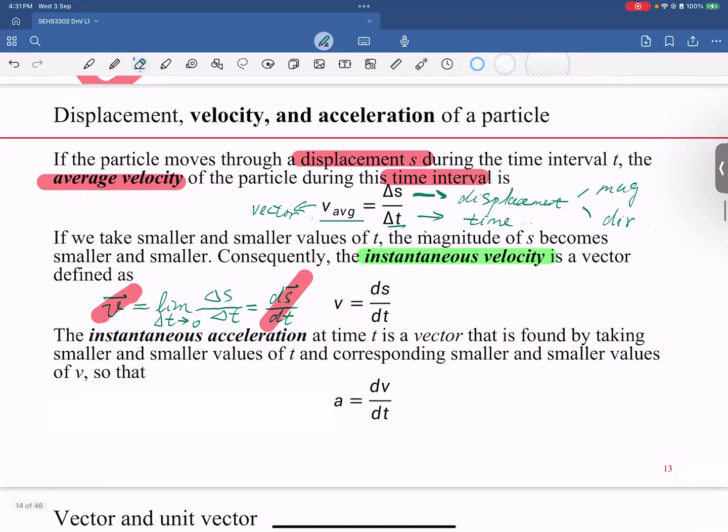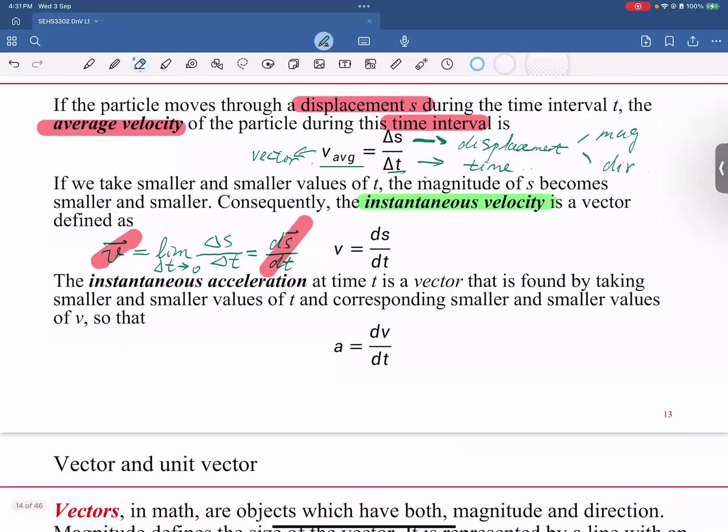Okay, it's a definition. In mathematics, let's recall, when you define differentiation, you see f prime of something, right? The definition is the limit as delta x goes to 0 of f(x plus delta x) minus f(x), over delta x.